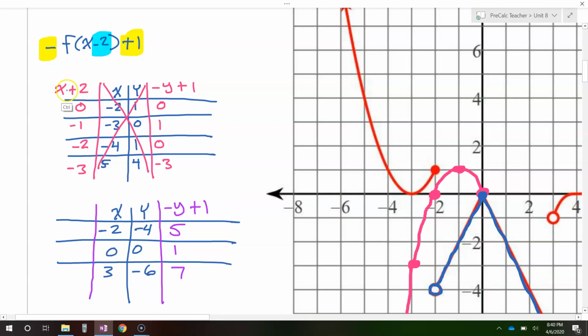And once again, for the x values, we are going to do x plus 2 because this is to the right by 2. So -2 plus 2 is going to be 0. And 0 plus 2 is 2. And 3 plus 2 is 5. So these will be the new points for this portion of the graph.